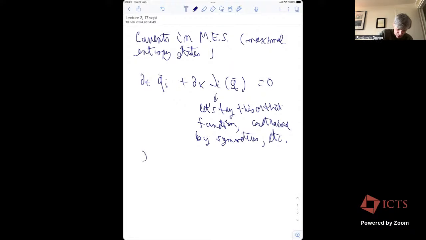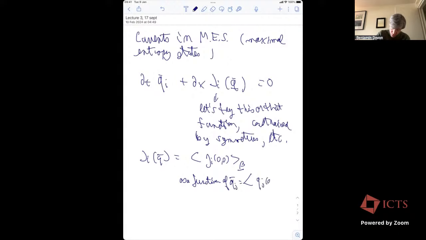So this J_i of Q, what is that? It is the average of the current, which you can put at space-time position 0, 0, in a maximum entropy state characterized by a vector of generalized inverse temperatures, and as a function of the average Q bar, which are the averages of the conserved densities in the same state.